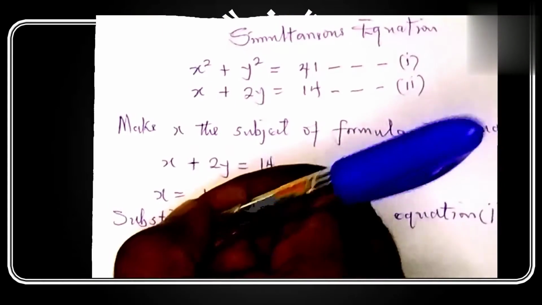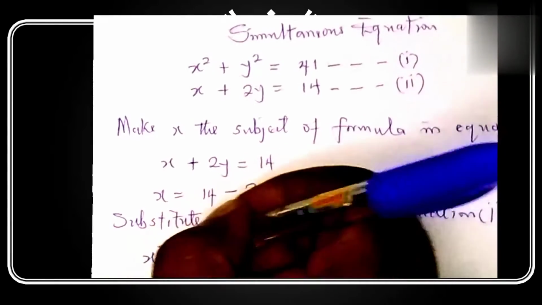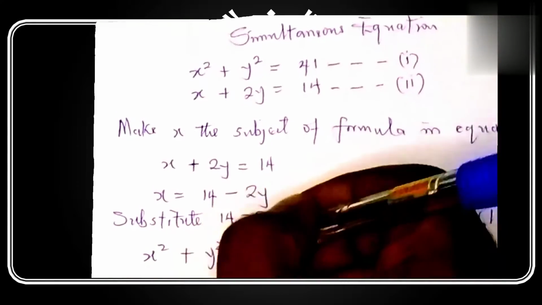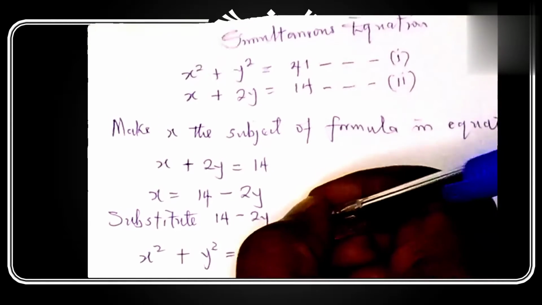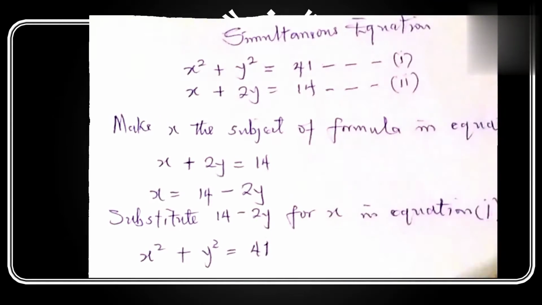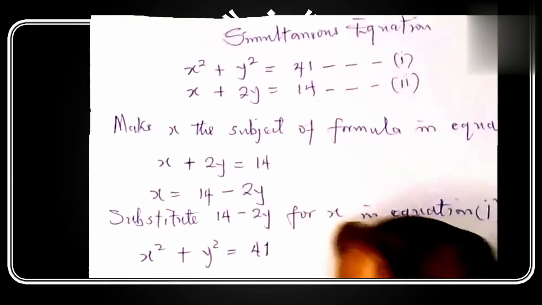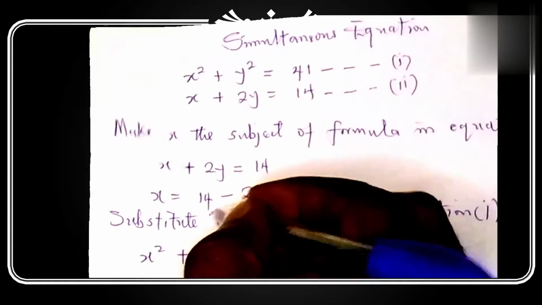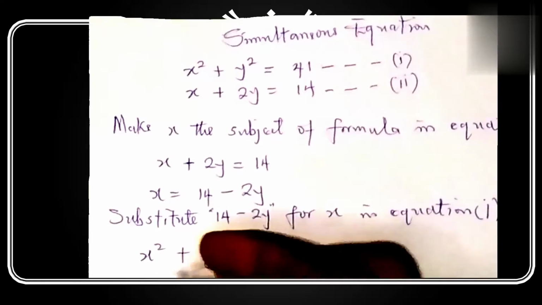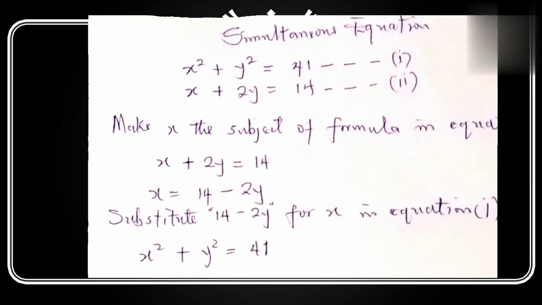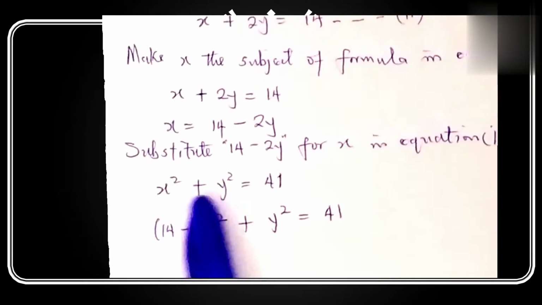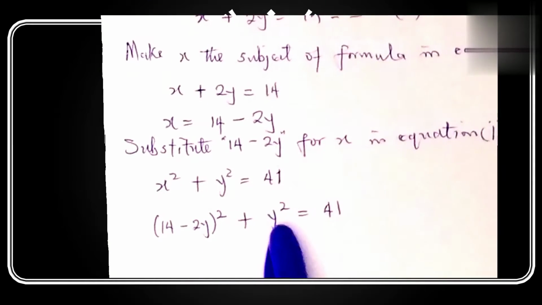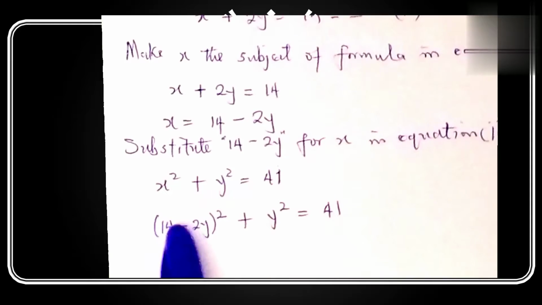So we go back to equation 1, which says x squared plus y squared equals 41. Now we are substituting this value for x in equation 1. Now instead of x squared, we have 14 minus 2y all squared plus y squared equals 41.